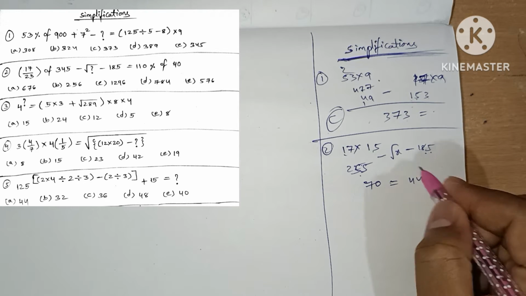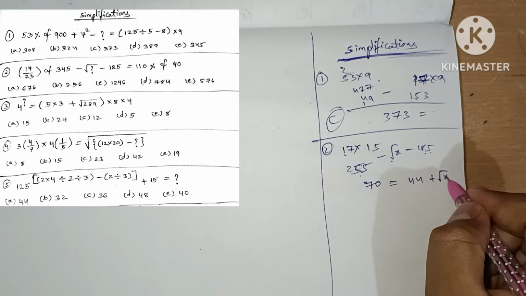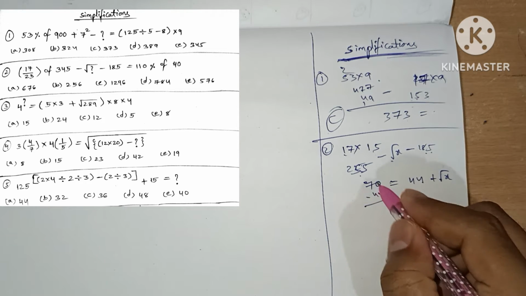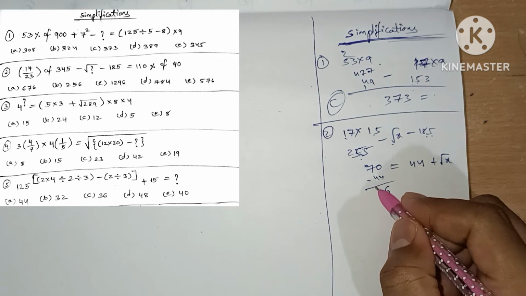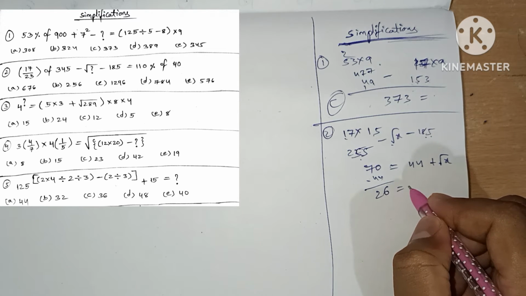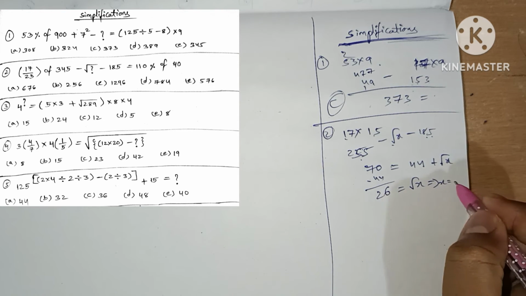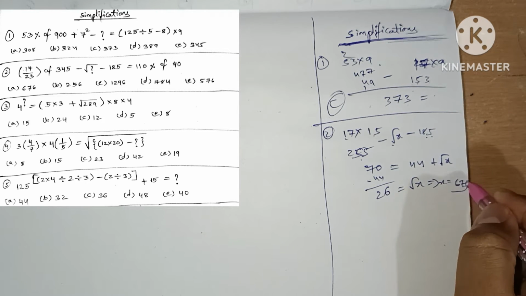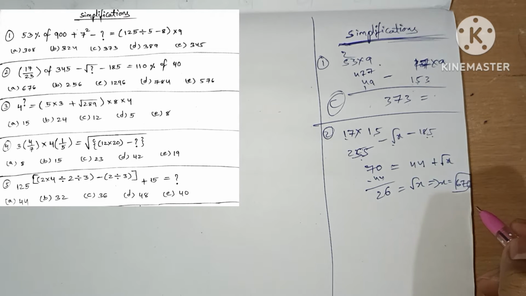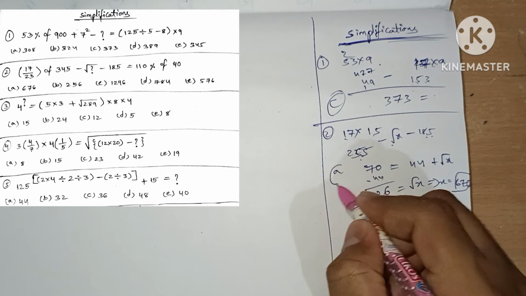This root x comes this side plus root x, this goes this side with minus 44. We have 626 equals to root x. So x value will be 676. This is our answer. So option will be option A.